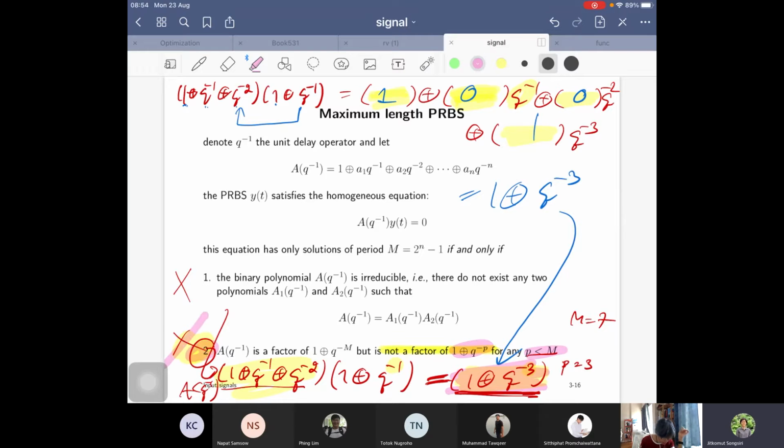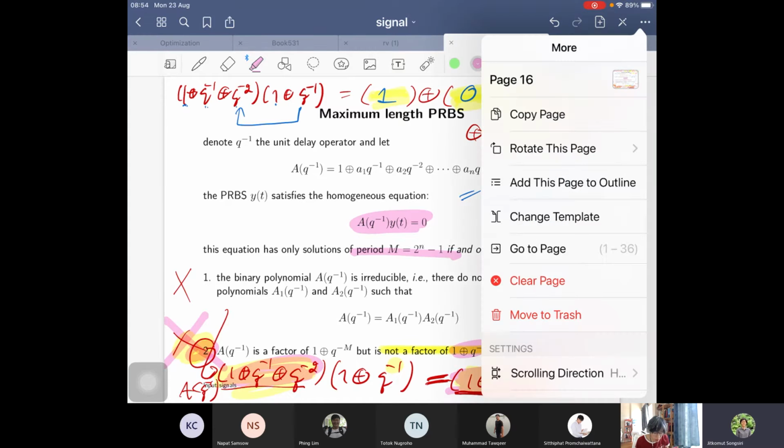It violates the second condition. So if you have a homogeneous solution to this homogeneous equation using this polynomial, your solution will not have a maximum period.